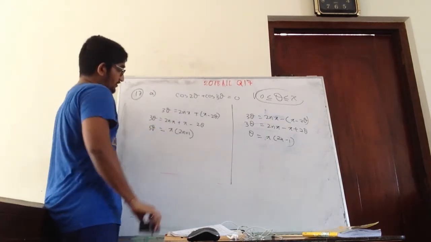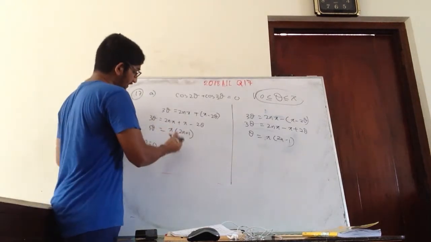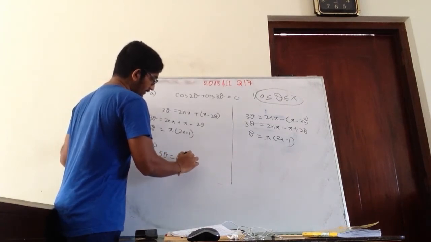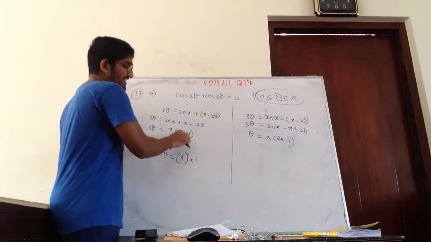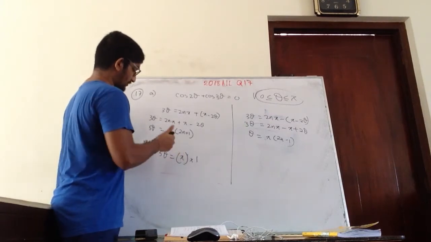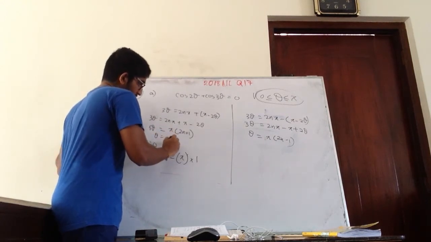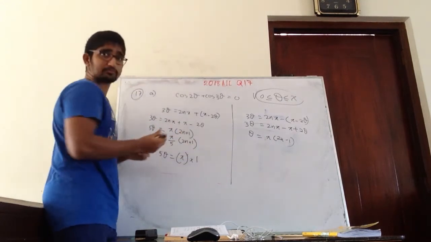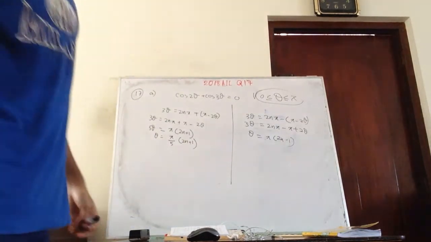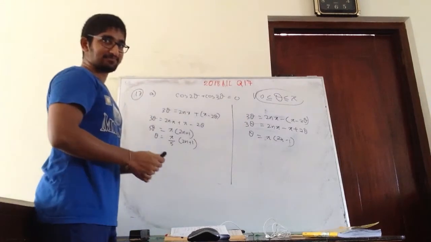So let's consider, first of all let's consider n equals 0, then you will get phi theta equals phi into 1. So now let's take theta out here. Right. So here we got two terms for theta, right?